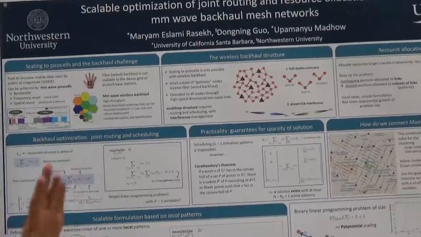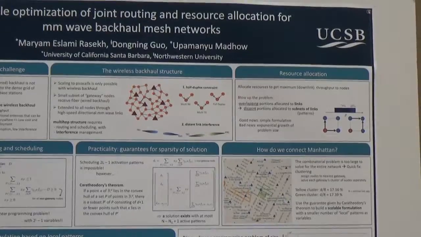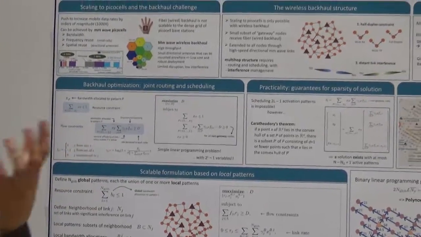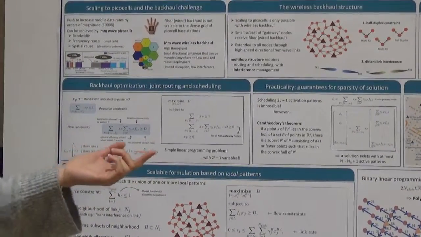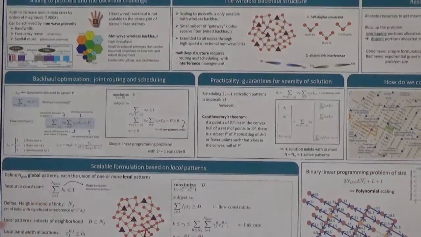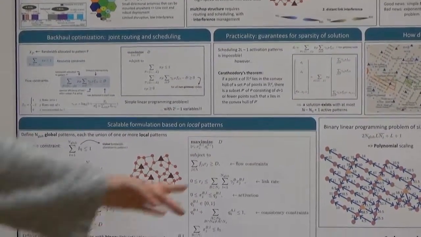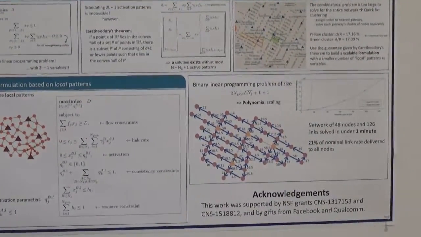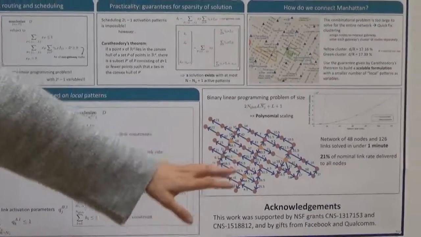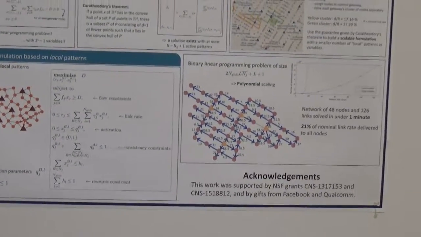Various constraints, we formulate the optimal routing problem, but the formulation is that it goes up exponentially, the number of variables. So we get some solutions that keep building, which we show scale easily with problem size, and some networks looking at very large networks can be solved within a minute, and show that you can get 20% of the nominal link rate as throughput to each case.